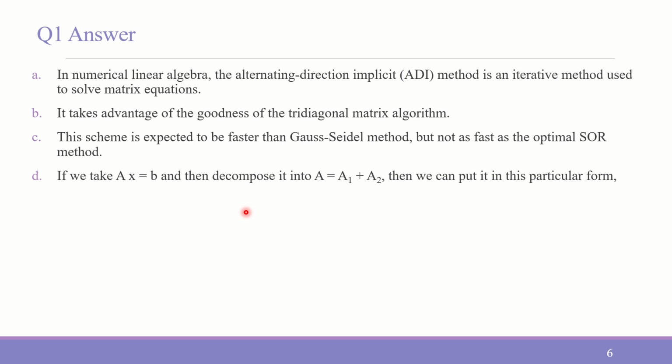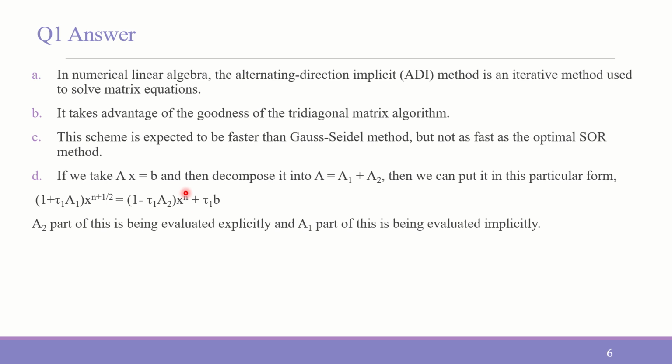Then we decompose matrix A into A1 and A2. In this form, we can put it in two equations. One is (1 + tau1 A1) x^(n+1/2) = (1 - tau1 A2) x^n + tau1 b.